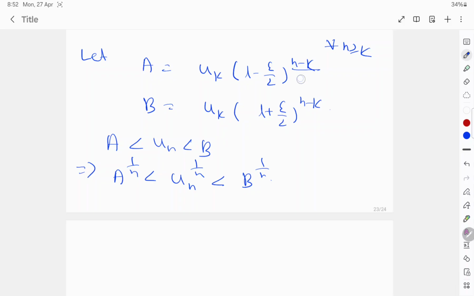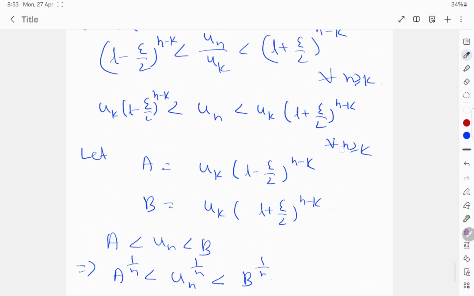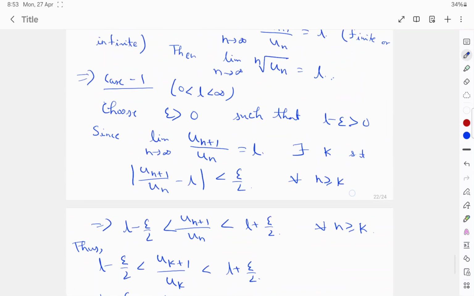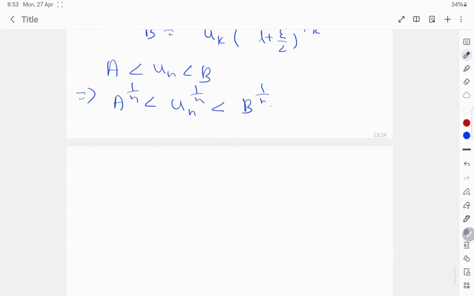So overall you will get actually 0, because uk whole to the power 1 by n, overall you will get only L, because what you have to show is L, right? So now we'll try to prove this.